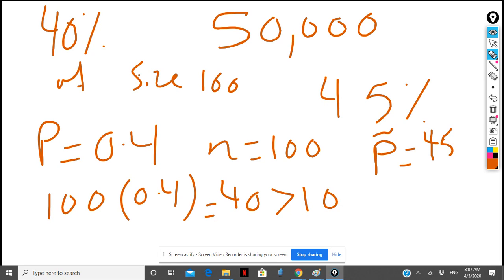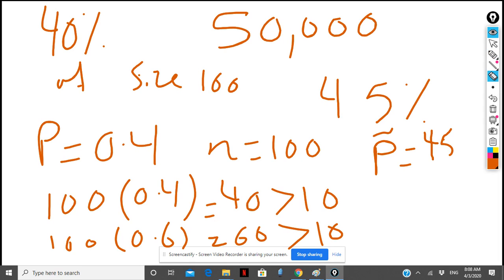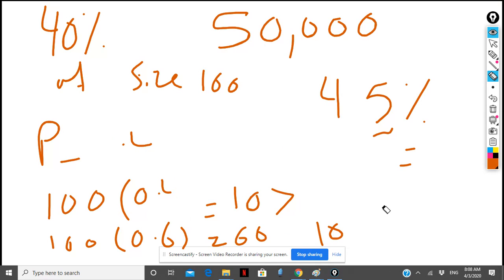Now the other one, 100 times 0.6, because 1 minus p is 0.6, is 60, which is also more than 10. So that means it satisfied all the conditions.